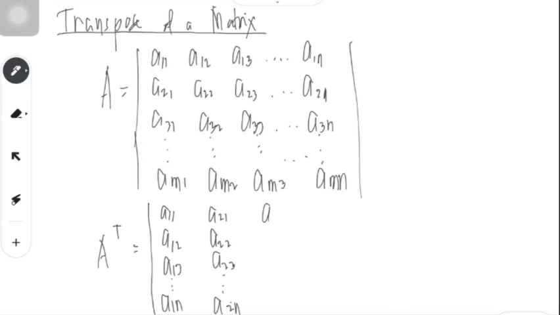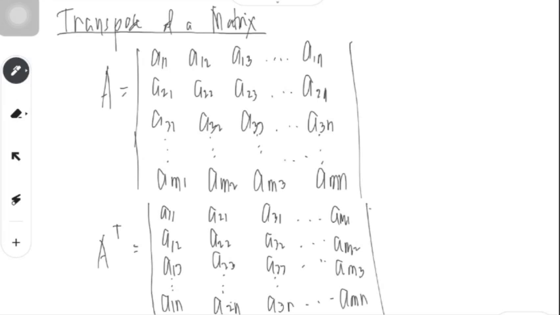Then we have A31, A32, A33, A3N. So this will become what? Am1, Am2, Am3, AmN. This is now the transpose of a matrix.